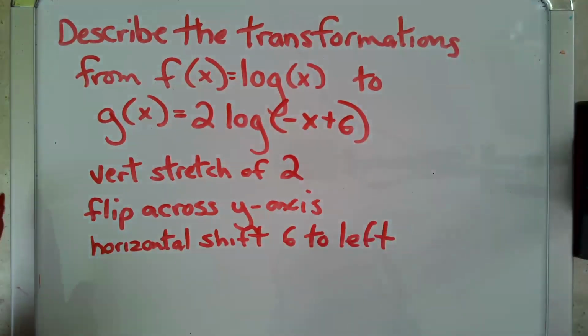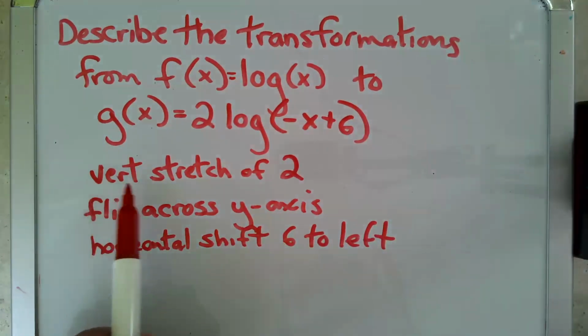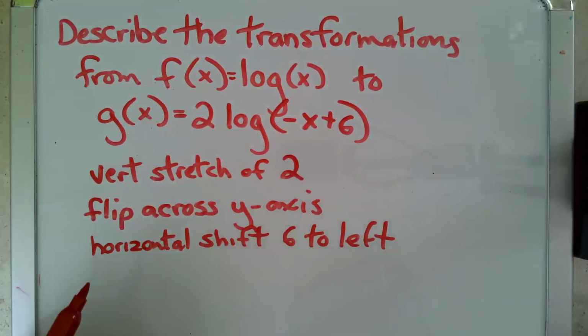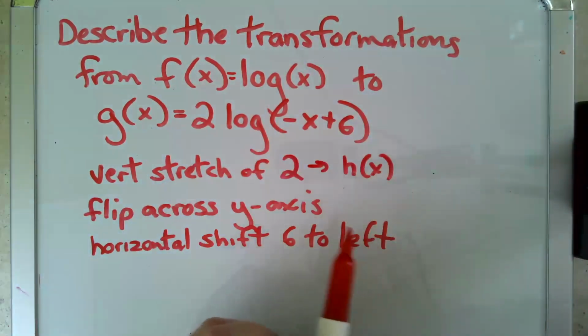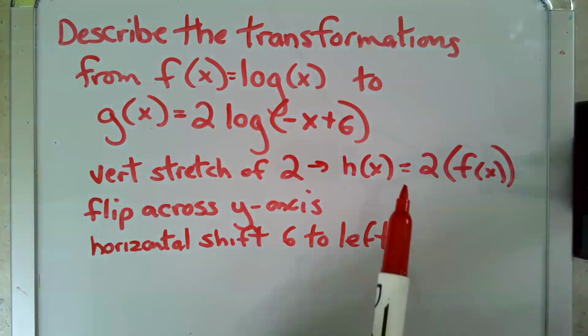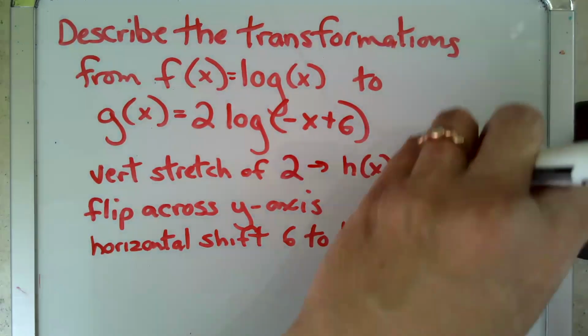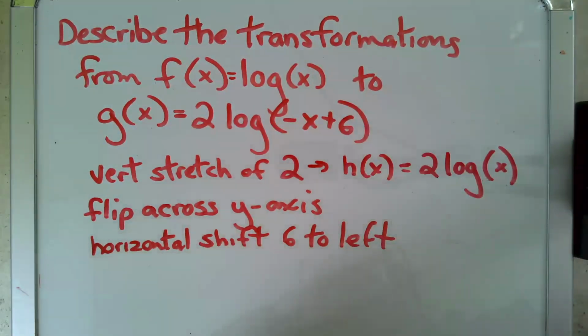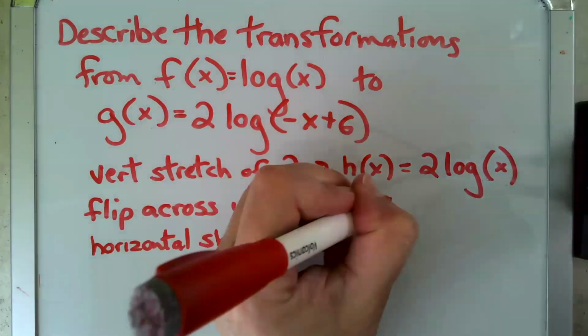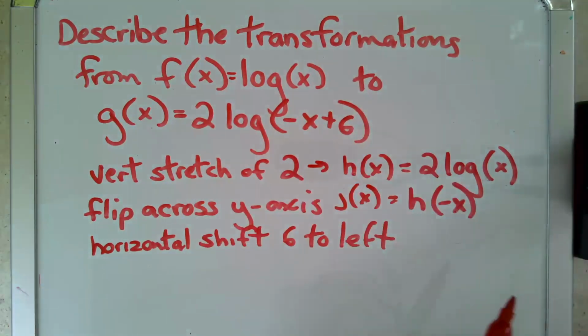Okay, so if we do it in this order, a vertical stretch of 2 means that our new function h of x should equal 2 times our f of x. And so in this case, that means it would be 2 log of x. Now, the flip across the y-axis means our new function j of x would be h of negative x.